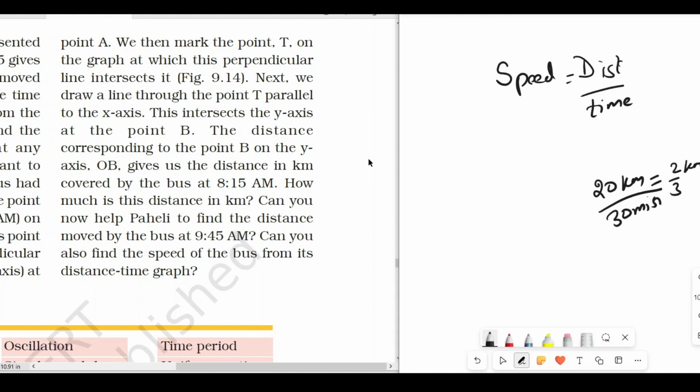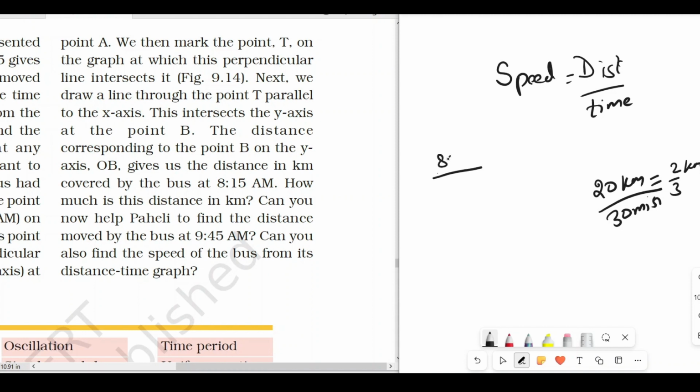Okay, now another way to find this out. Let's say we take the entire duration. It started at 8 o'clock. It was 40 kilometers at 9 o'clock, and it was 80 kilometers at 10 o'clock. So sorry, we take the entire duration of 2 hours.